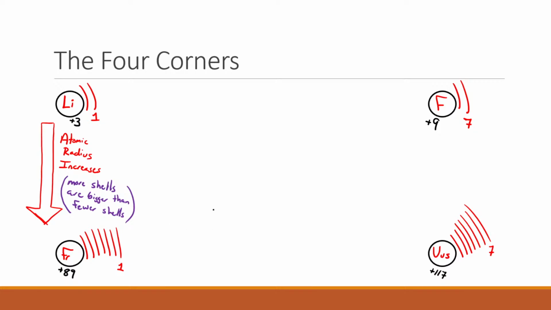And so what we end up looking at is lithium with 3 protons pulling in on 2 shells, versus fluorine with 9 protons pulling on 2 shells.